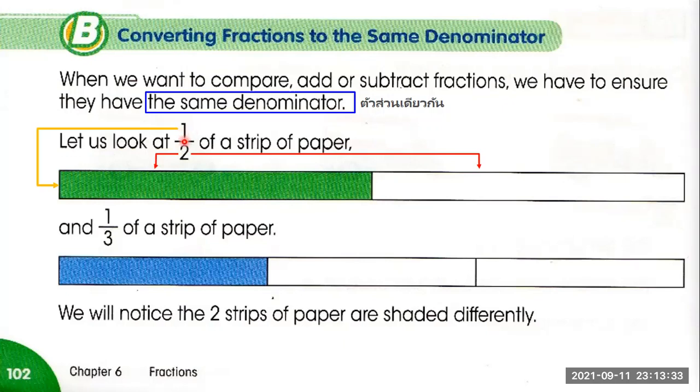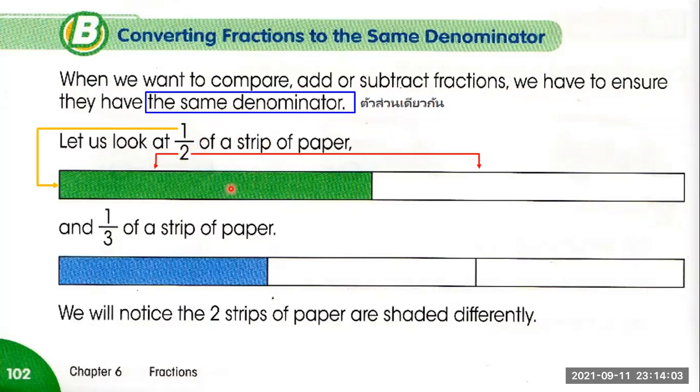So this one here is our numerator, separated by a line or a bar, and under is number 2, which is our denominator. When we want to compare, add, or subtract fractions, we have to ensure they have the same denominator. I want you to highlight the same denominator and write the Thai translation.